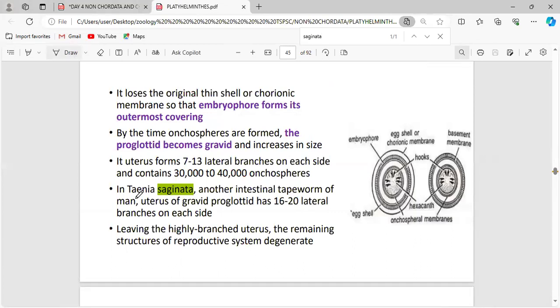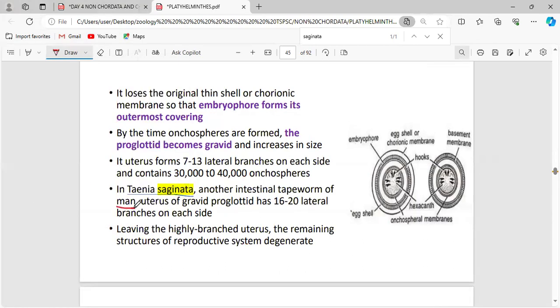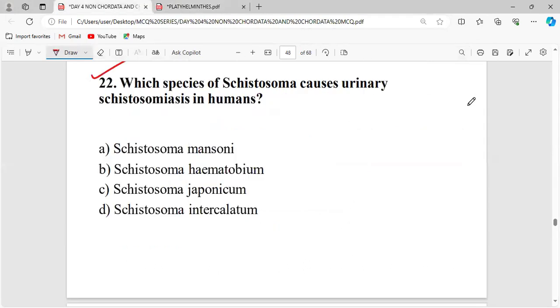See, Taenia saginata is the other intestinal tapeworm of man. This is the one causing a disease in man. Clear? Now answer this question. Which species of Schistosoma causes urinary schistosomiasis in humans?